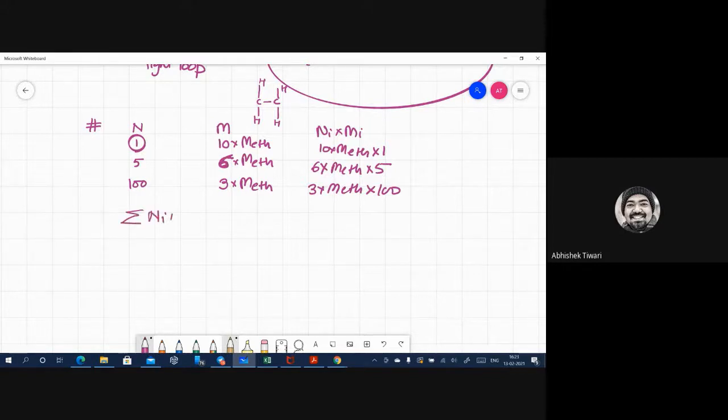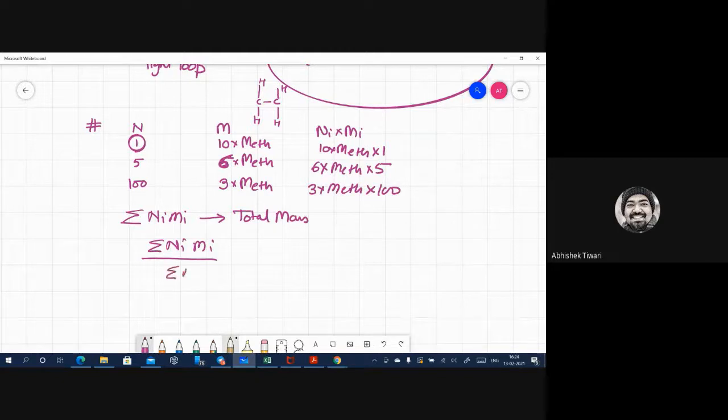So summation NiMi will be the total mass I have in the system, right? So this is the total mass, and the molecular weight average of this I can calculate by summation of NiMi divided by the total number of chains I have.